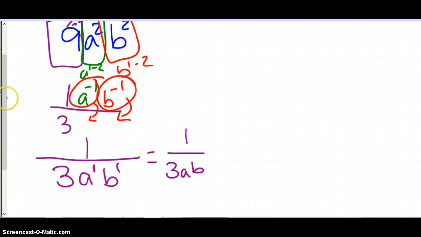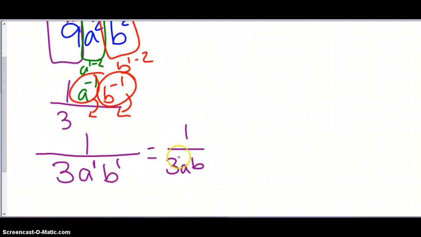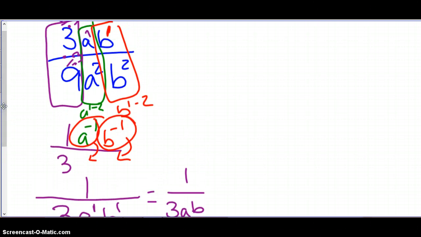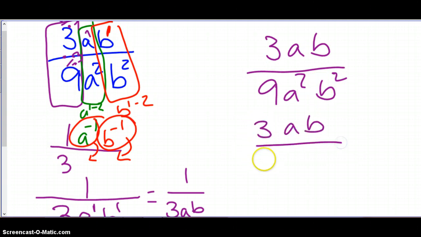Now this particular problem, you do actually have a second option to see why these end up in the bottom. If I have 3ab over 9a squared b squared, I'm going to break the variables down and say a times a, b times b. And you can see now a and a would cancel, b and b would cancel.